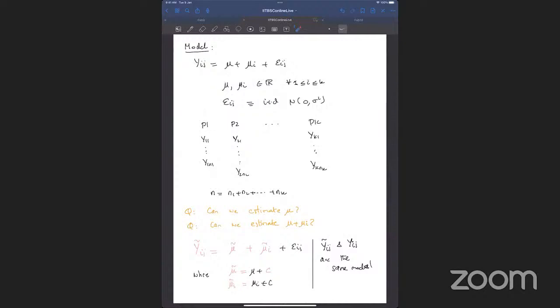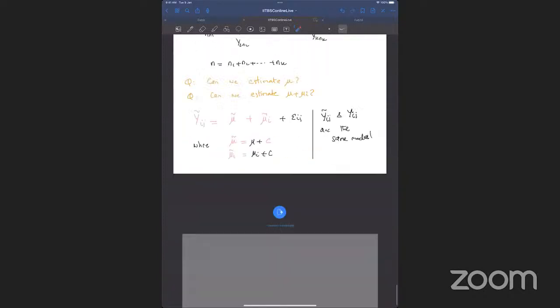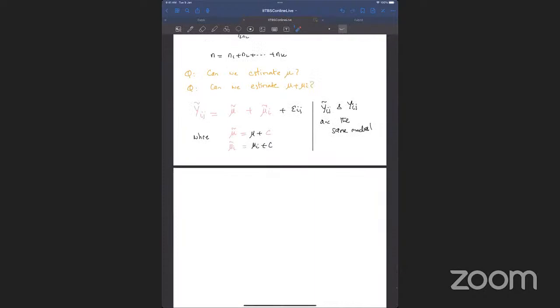But you can do something else. I explained in the notes that you can identify mu1 minus mu2. So the next question becomes: how do you decide which parameters are identifiable or not in the model? That's the next question. Let me just conclude this discussion, and then I'll take questions again.